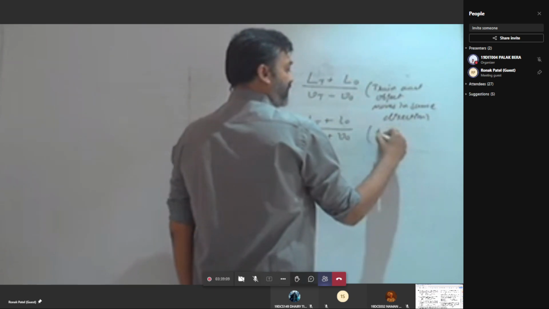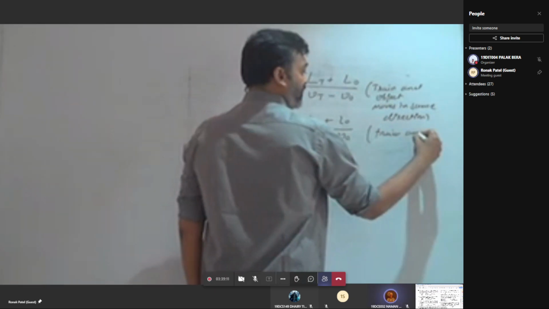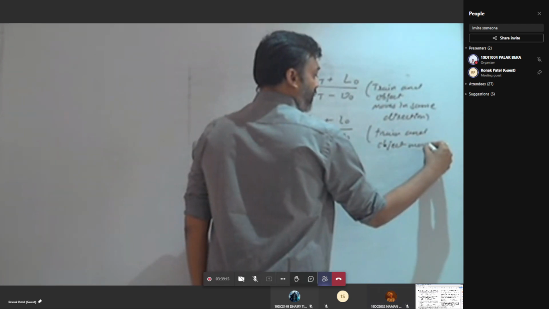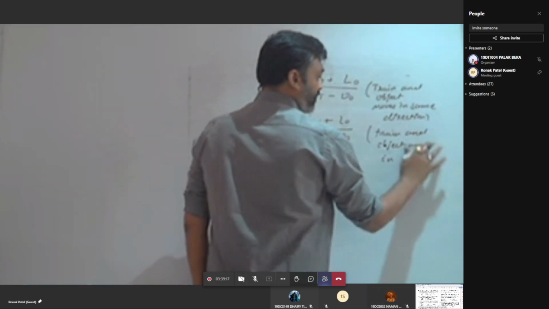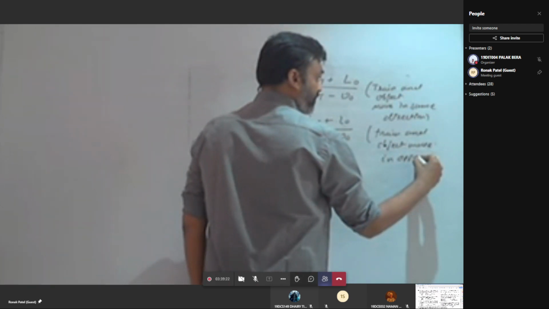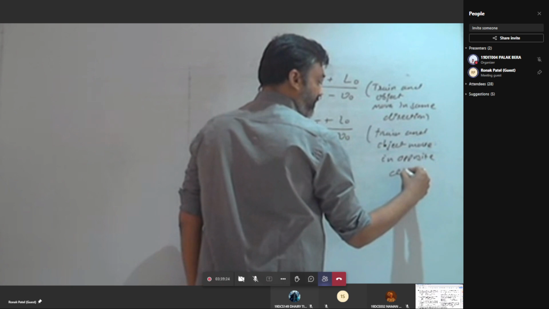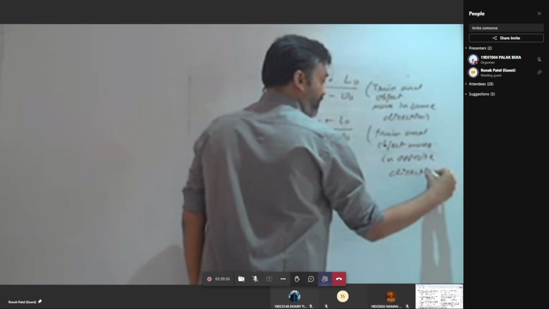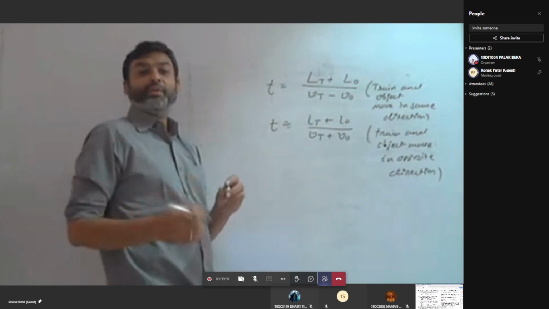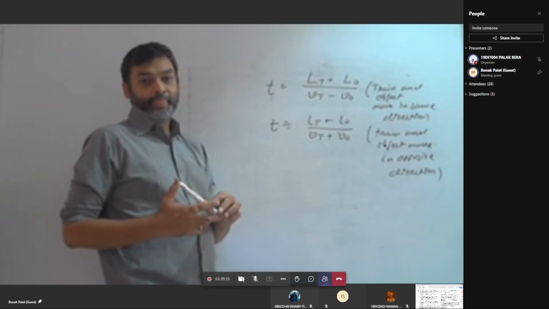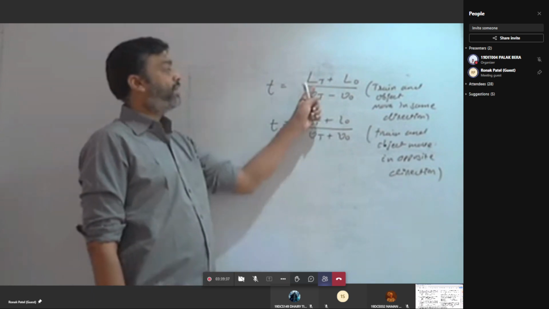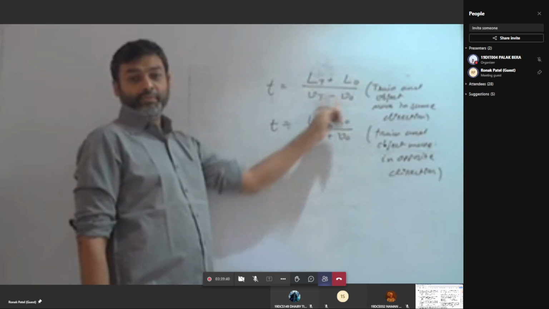And in the other case, train and object are moving in opposite directions. These two equations can solve any problem related to a train crossing any object: length of train, length of object, speed of train, speed of object.